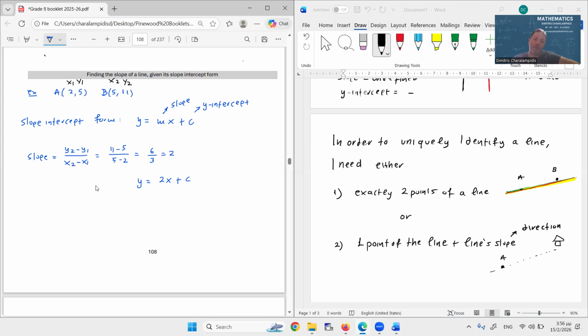We know that point A lies on the graph of this line.